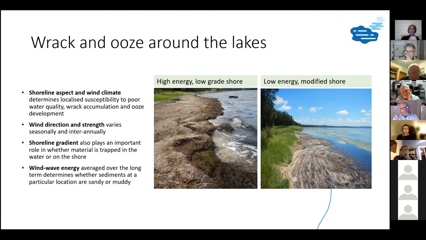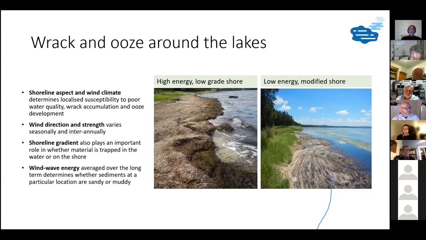If the shoreline tends to be a lot more protected from all of the major winds, finer sediment tends to accumulate there, basically because there's less energy to push that sediment into the water, and so it tends to settle out there.